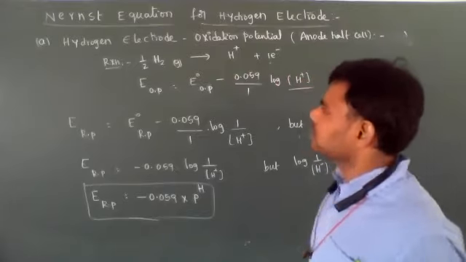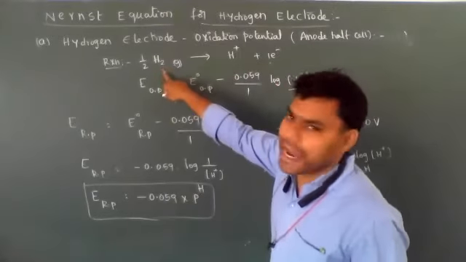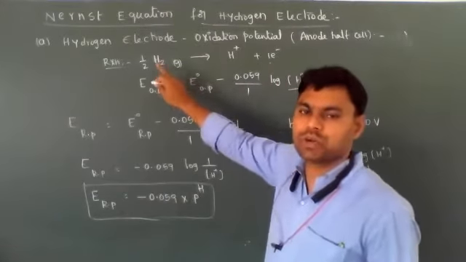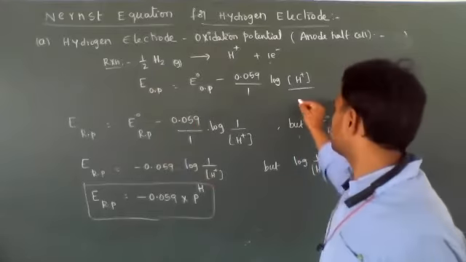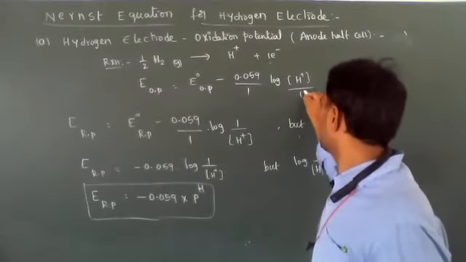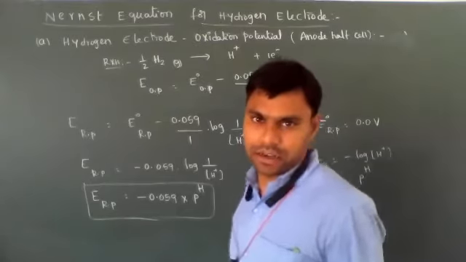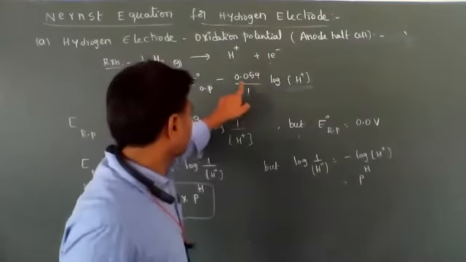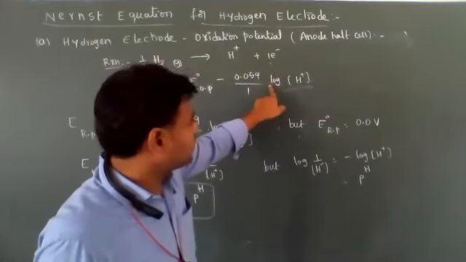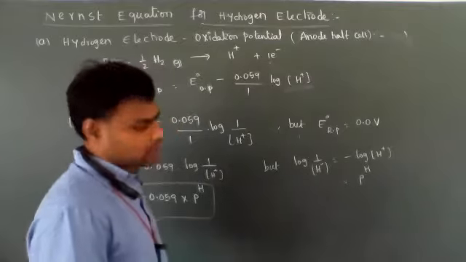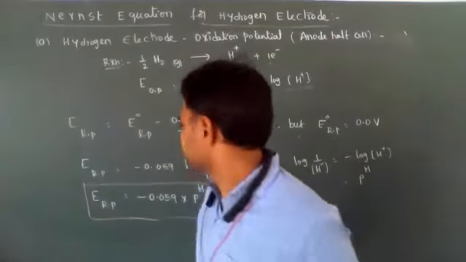And concentration of products by reactants. H2 gas, active mass is equal to 1. That's why no need to take any denominator. Minus, you have to take minus log H plus ions concentration, which is nothing but pH.